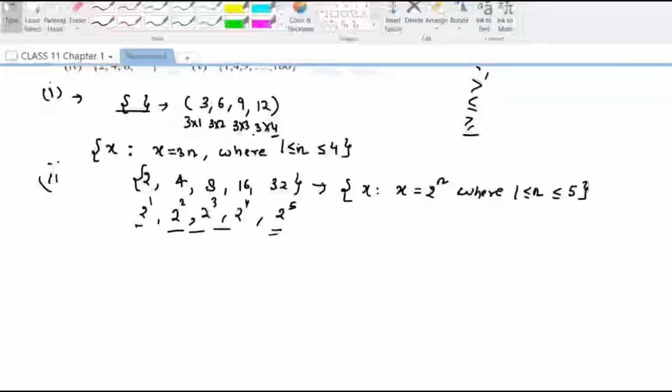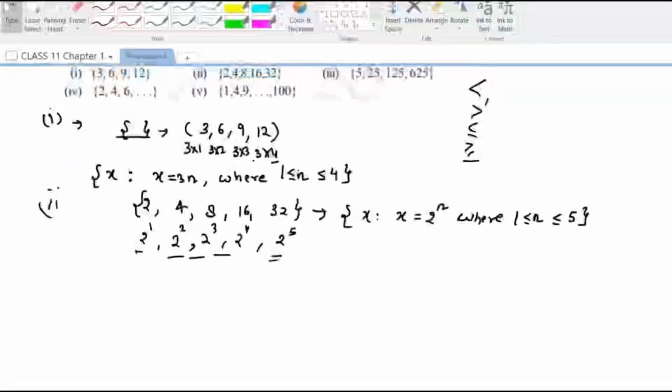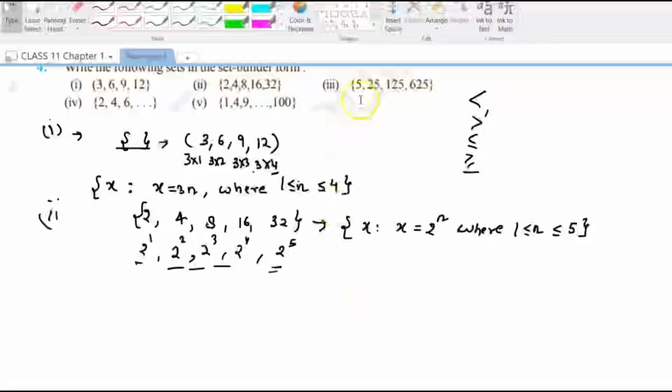Now let's see the next example. The next example is 5, 25, 125, 625. So we have already solved this, so I think we should have an idea. Try to pause the video and solve it by yourself. Try to find the common characteristic, and then you can resume the video and see.